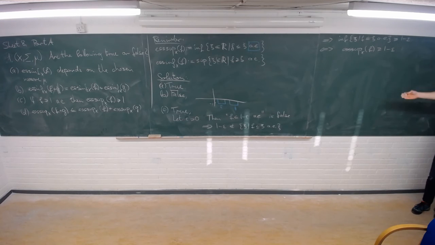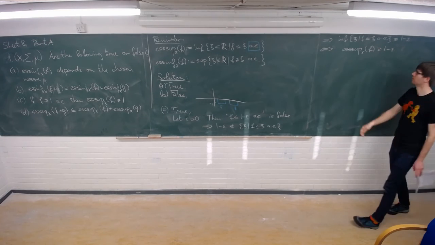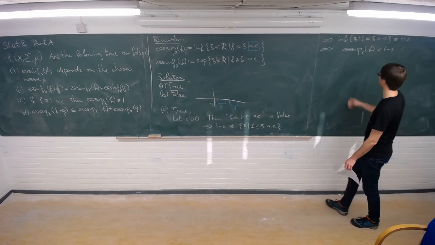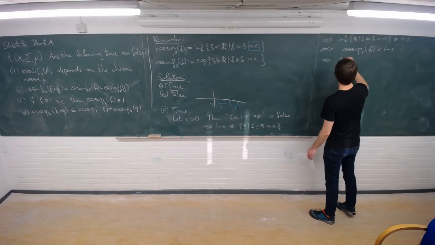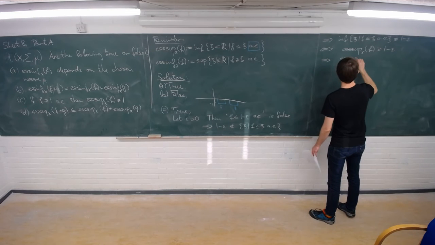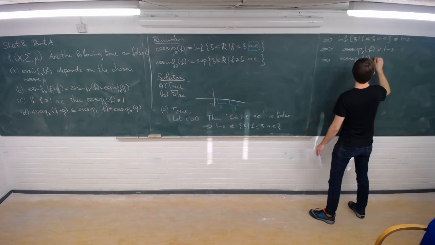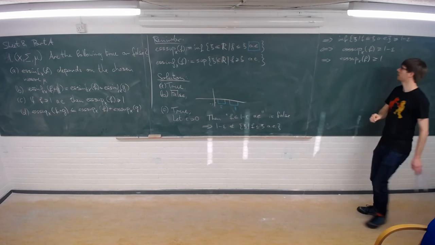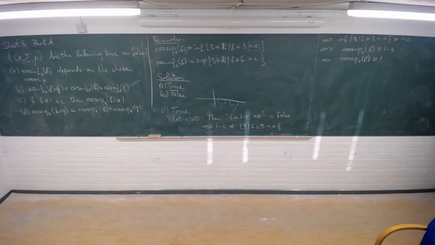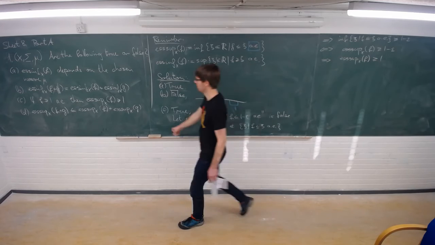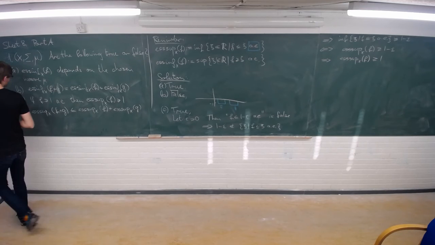And now we know that this holds for any positive epsilon. So we can send epsilon to 0 and get that the essential supremum has to be greater or equal to 1. And that's what we wanted to prove.